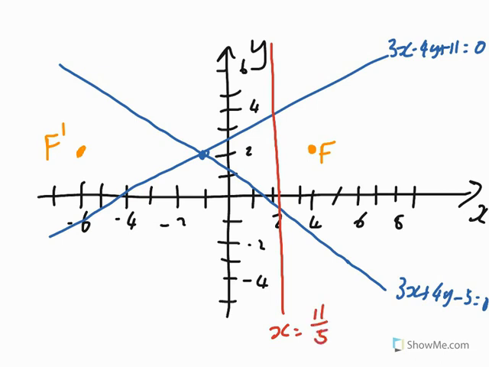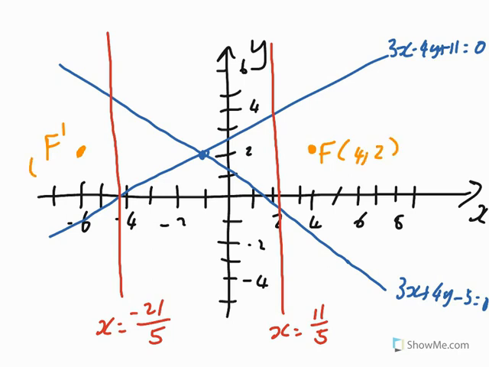And minus 21 on 5, so that's minus 4 and a fifth. So there's that. I should have put my coordinates there, 4, 2 and minus 6, 2.